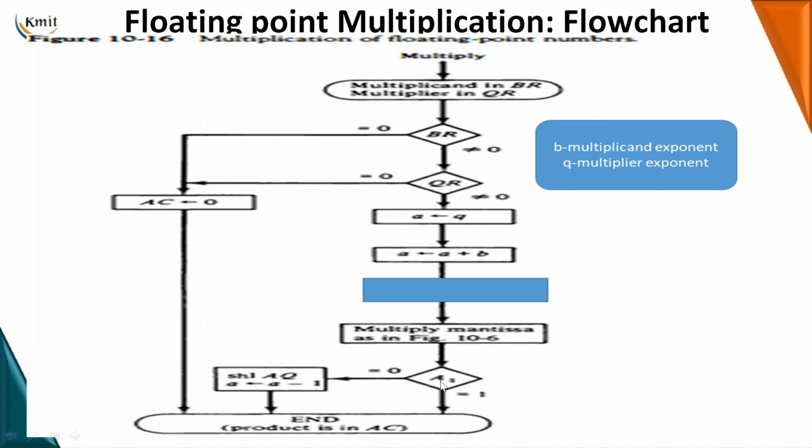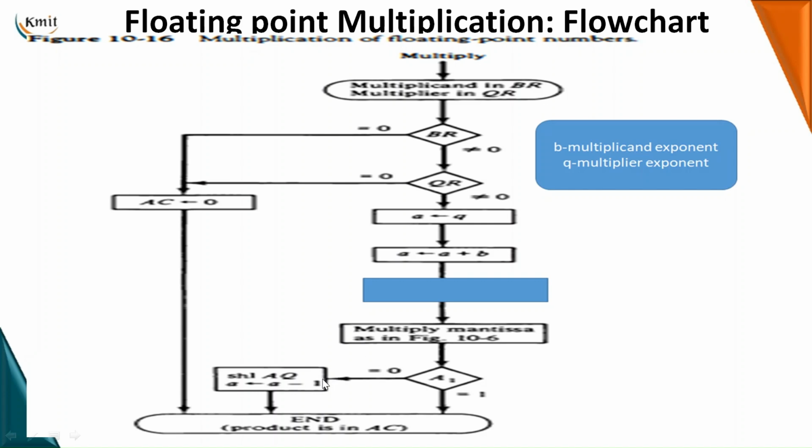If the product is not in a normalized form, then you have to normalize it and transfer it into the AC register. For that, I take the contents of the A and Q registers and check the A1 bit, the most significant bit of the contents of register A. If the A1 bit contains a 0, it means that the product is not in a normalized form.